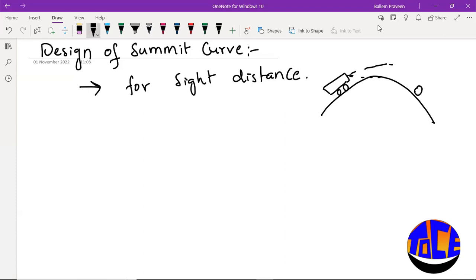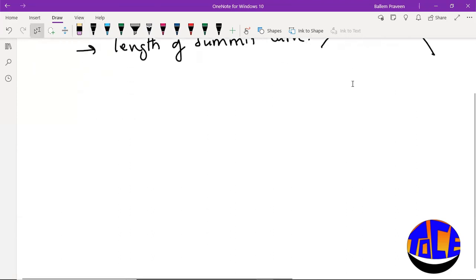Okay, so for this IRC provided a few formulas. Using those formulas we'll find out the length of the summit curve. For finding the length of the summit curve, we'll assume two cases.